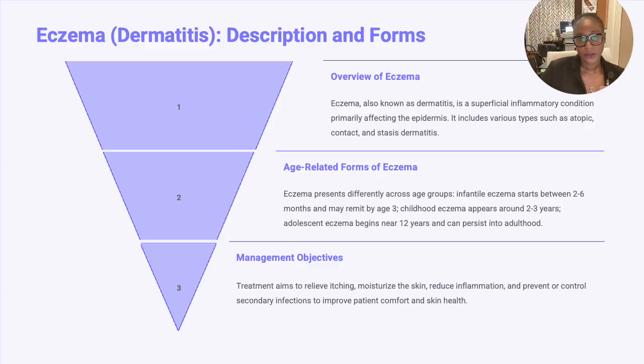We have childhood eczema as well. The childhood form occurs at 2 to 3 years of age. And then pre-adolescent and adolescent, which begins at about 12 years of age and may continue into early adult years or the years of infancy.